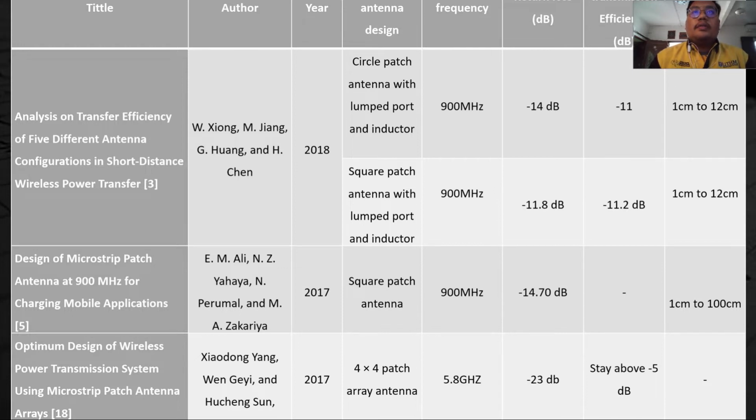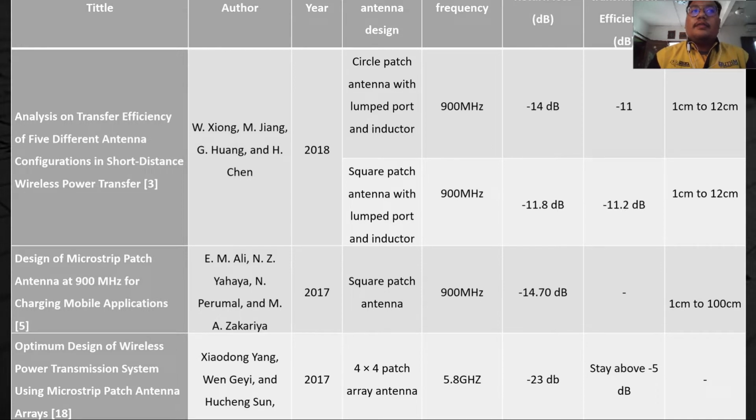The second one is the square patch antenna. The return loss of the square patch antenna is around negative 11.8 dB, and the power transmission efficiency is around negative 11.2 dB.